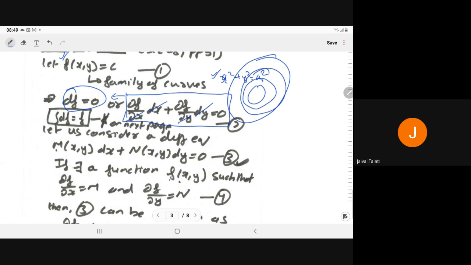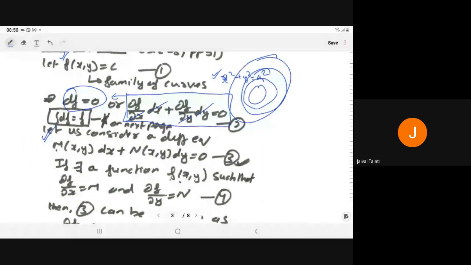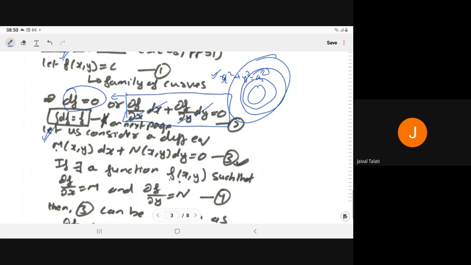In actual, we have the equation. Let us consider the differential equation M dx plus N dy is equal to 0. We say that there exists a function f(x, y) which satisfies del f by del x is equal to M. Now we correlate these two equations.